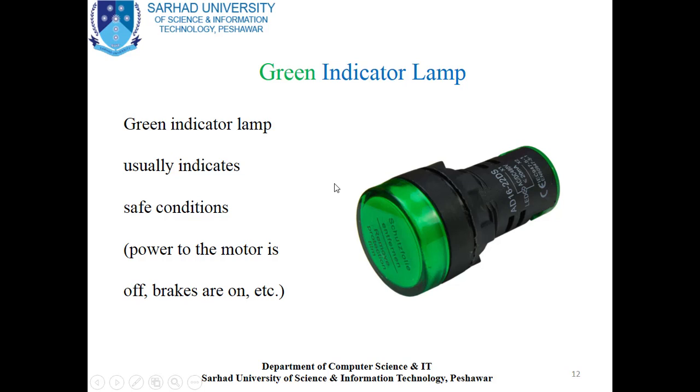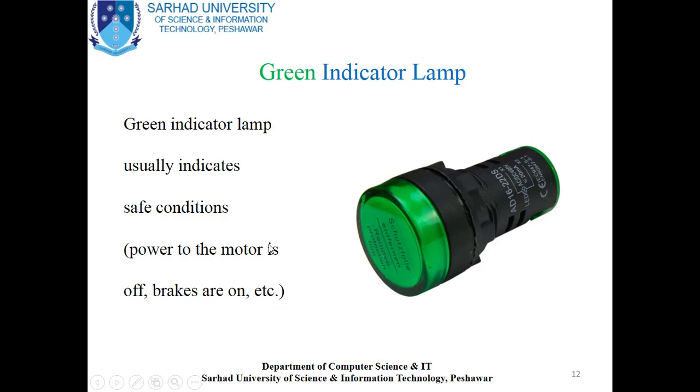Why do we use the green indicator lamp, or what is its purpose? A green indicator lamp usually indicates safe conditions, such as power to the motor is off, or brakes are on, etc.